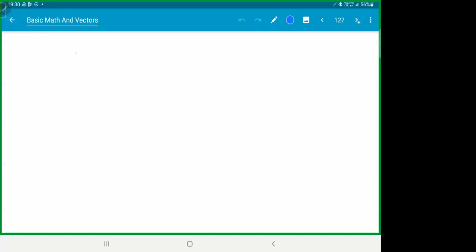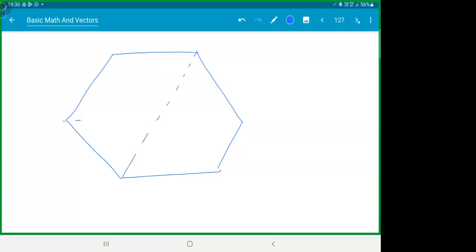Even if you don't know, just remember that. Hexagon is quite an important shape, comes a lot. If you see a hexagon, it is actually made of 6 equilateral triangles. So 60, 60, 60, 60, 60, 60.